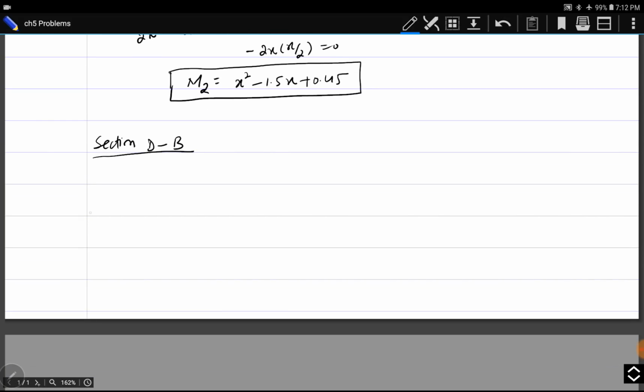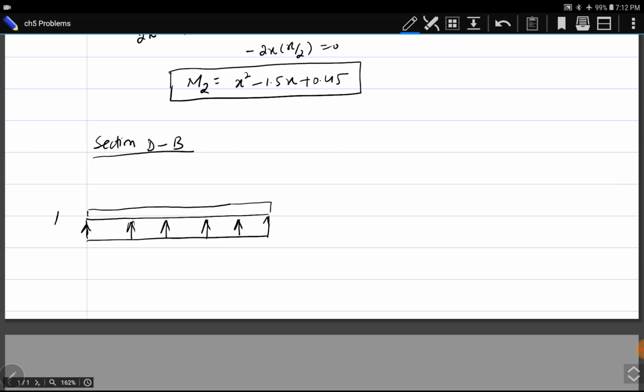I will draw the beam here. It is being supported by a distributed load. This is point A. At point C, we have a 1.5 kilonewton force. Then at point D, again a 1.5 kilonewton force.